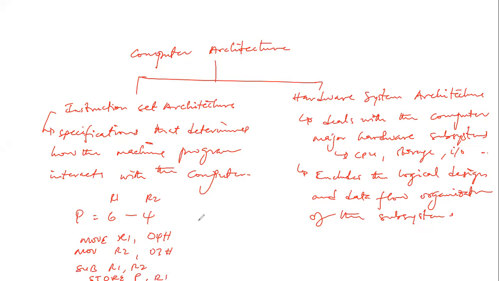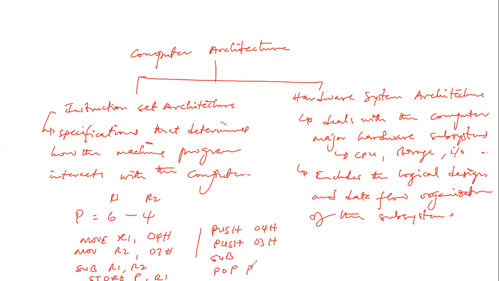We can also say the architecture could be push 04H, then push 03H, and then sub, then pop P. So it depends on the architecture. It could use load and then add. It depends on the particular ISA that is being used.